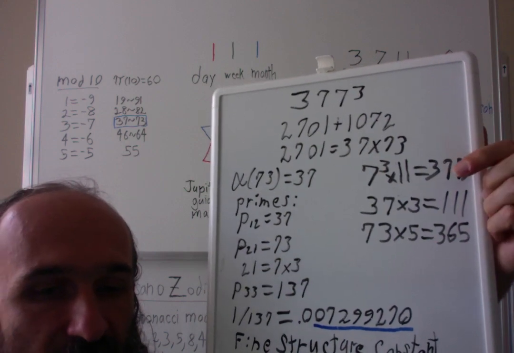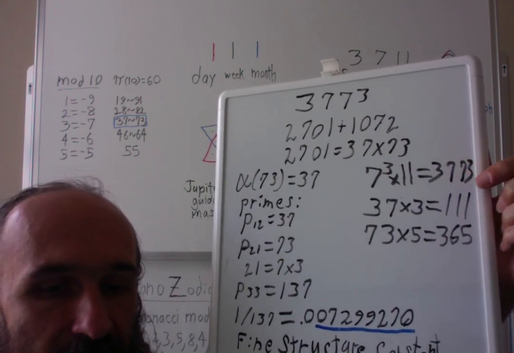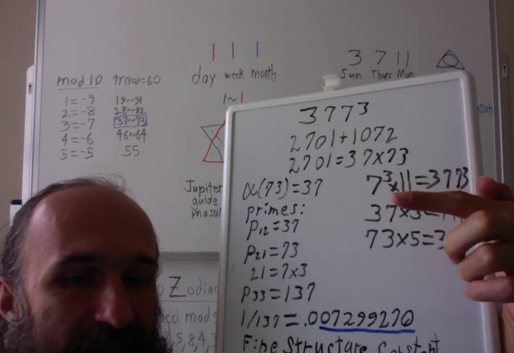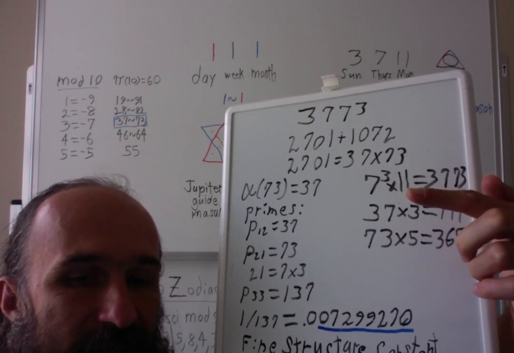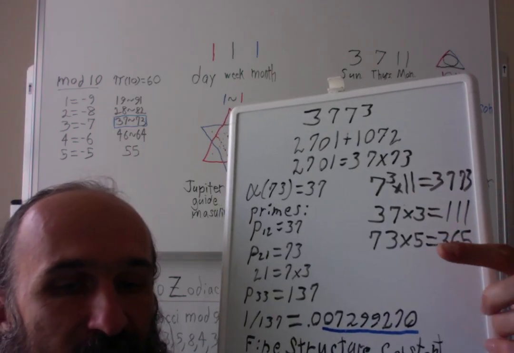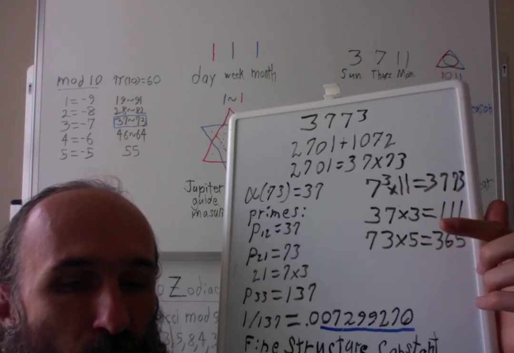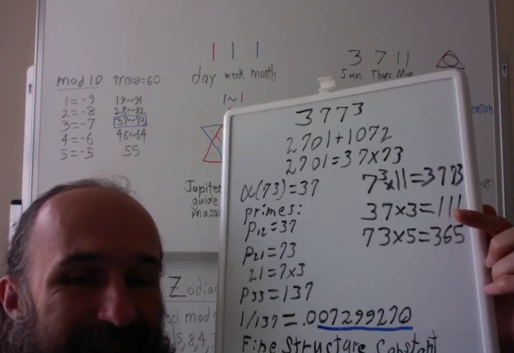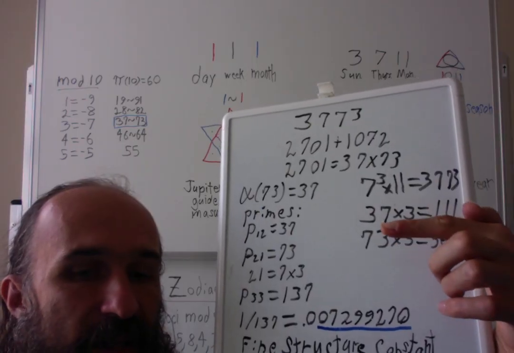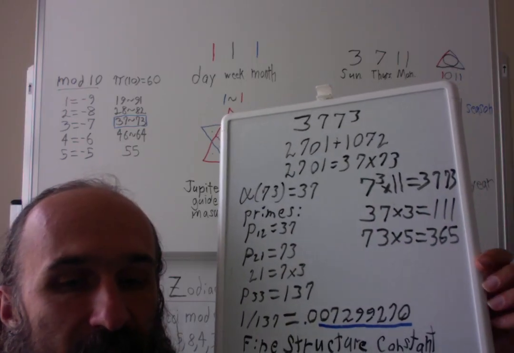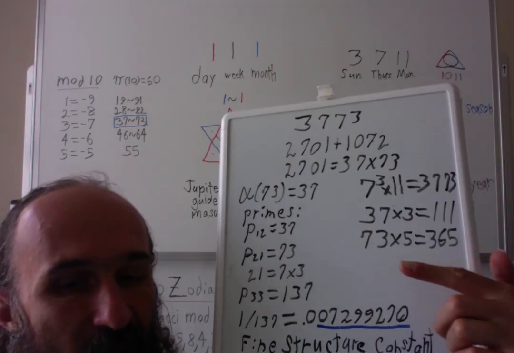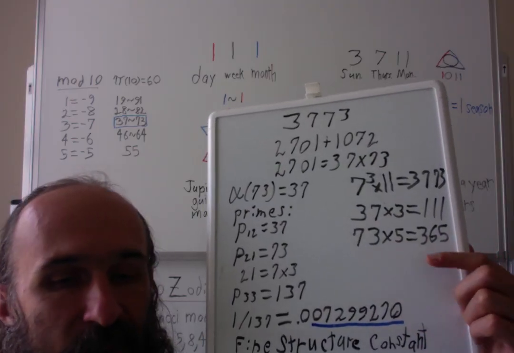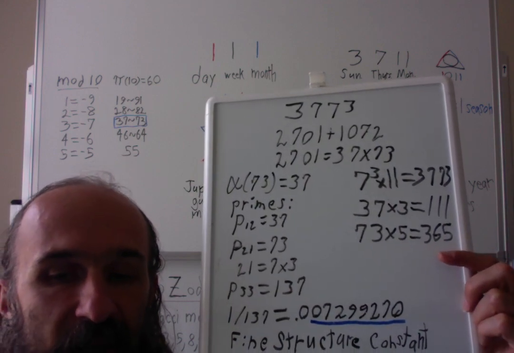Also, if we factor 3,773 into prime numbers, it is 7 cubed times 11, and there we get 7, 3, and 11 all in one equation. If we multiply 37 by 3, we get 111, the trinity itself. Since it's divisible by 3, it just turns out that it's 3 times 37. And on the reverse of 3773, we multiply that by 5, and we get 365.